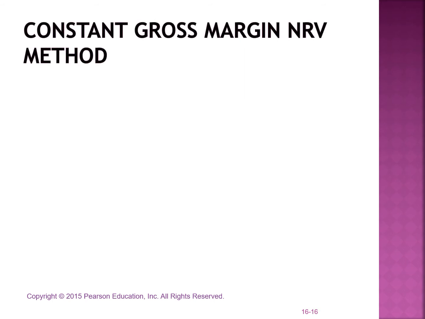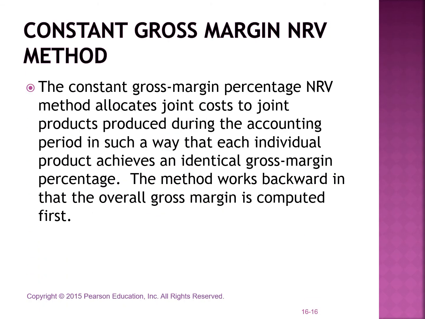The next method is the constant gross margin net realizable value method. The constant gross margin percentage method allocates the joint cost to joint product produced during the accounting period in such a way that each individual product achieve an identical gross margin percentage. يعني the main criteria here is to achieve an identical gross margin percentage.